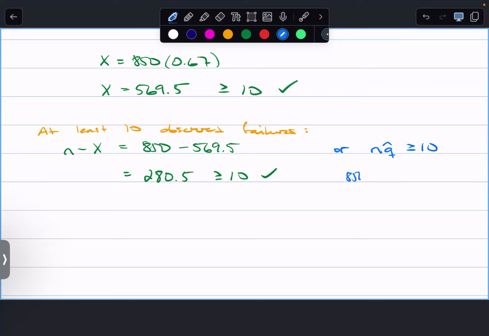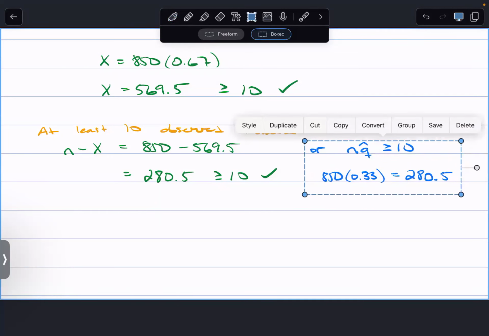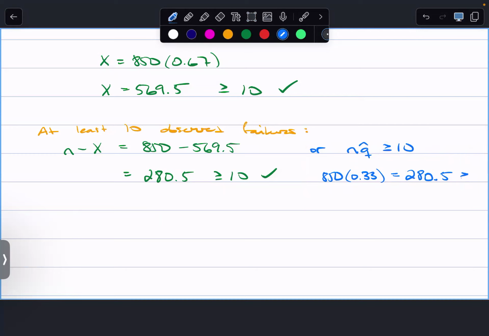I'll just do it here. 1 minus 0.67 is 0.33, times 850. Hopefully it's the same, yeah. 280.5, which is just greater than or equal to 10.